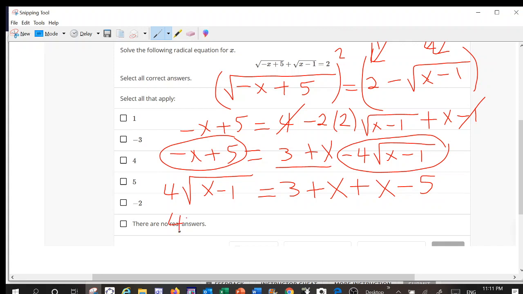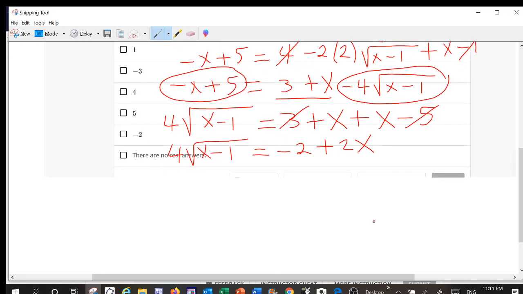So we end up with 4 square root of x minus 1, and 3 minus 5 is minus 2, and x plus x is 2x. Okay, now we can square both sides again. Square this side and square this side.